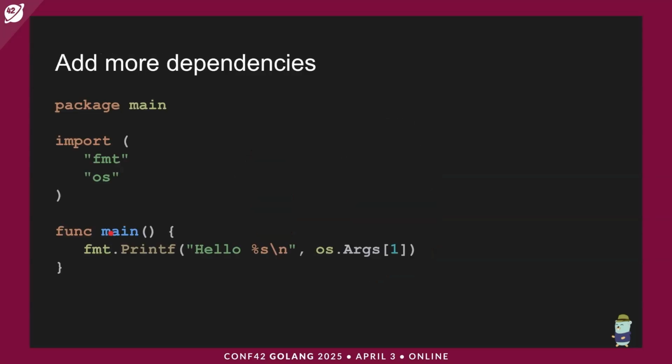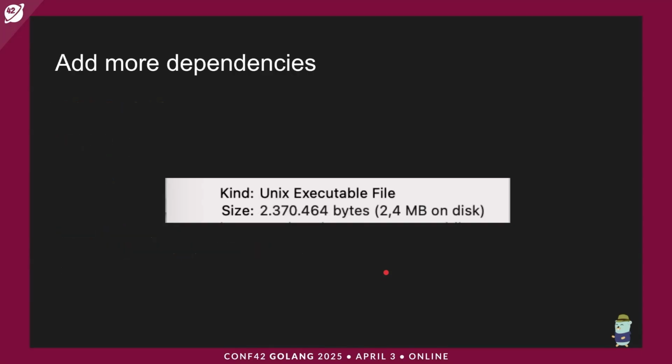And let's look at what happens if we add more dependencies into our code. So we added os. Why are we adding it? Because we want to read some arguments we provide when we run the program and maybe output them. For example, just put my name, hello. And if you compile this, the size of the compiled program almost doesn't change.